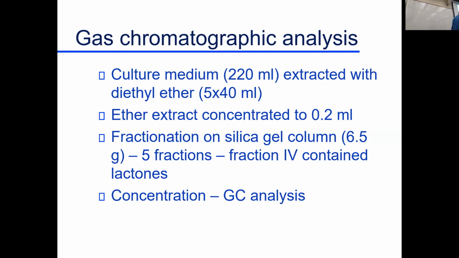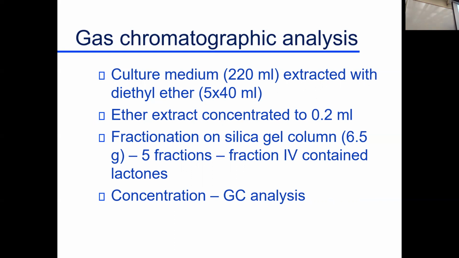Flavor: we may be fermenting to produce a flavor compound. So I want to then extract that flavor compound and measure how much is formed by this microorganism. Take my ether, maybe 5 separate extractions, 40 mils each time. So I have 5 separate fractions with clean fresh solvent. Concentrate it down to 0.2 mils. So I go from 200 mils down to 0.2 mils. You may fractionate it.